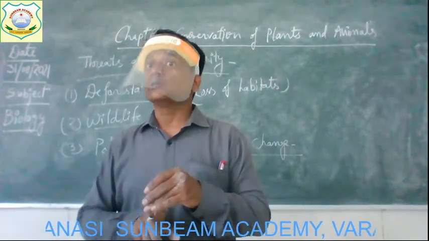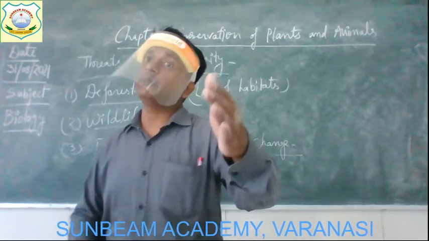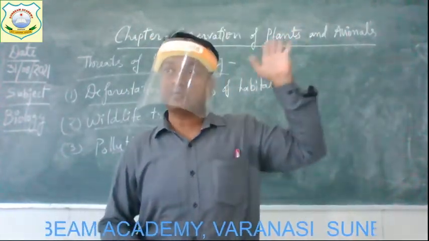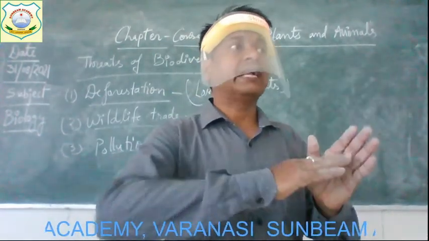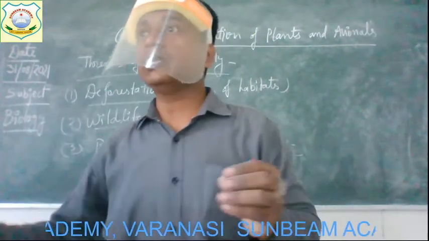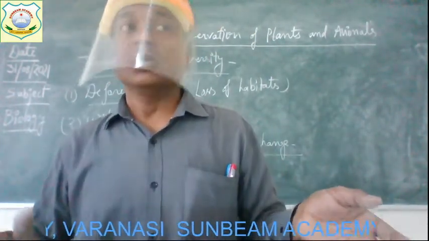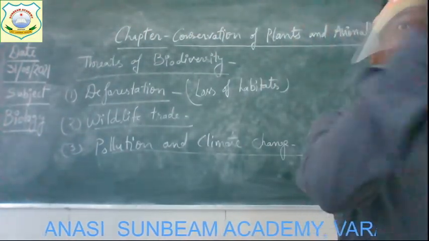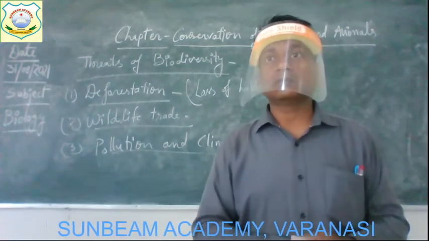Get it? So in the areas of the earth where the temperature was, suppose, minus 40 ten years ago, because of the increasing temperature, it has now become only minus 30 or minus 20 average temperature. So just this change in climate is going to affect the animals and plants that are naturally found there.